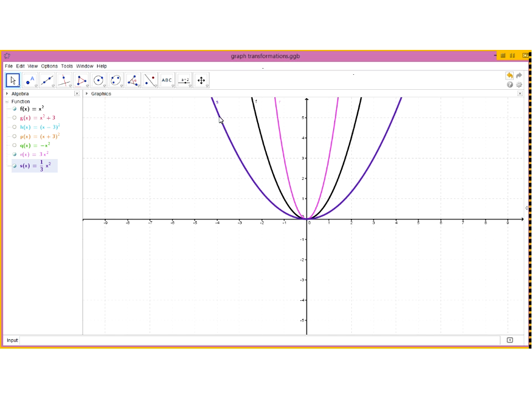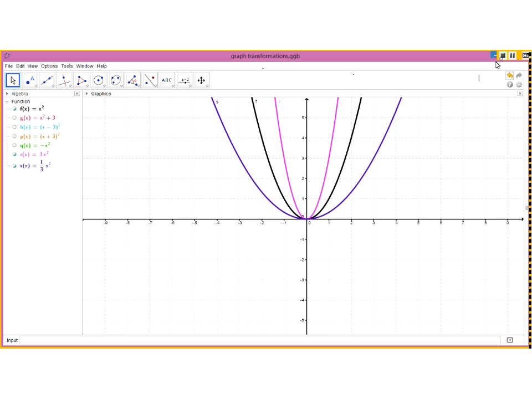So this point comes to 1/3. This one is down at 4/3. So as opposed to stretching it, it kind of compresses it and makes it fatter.